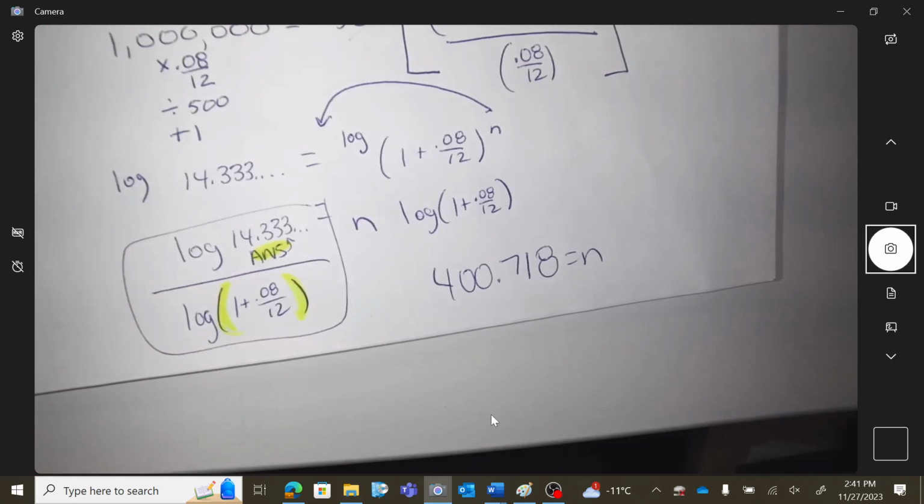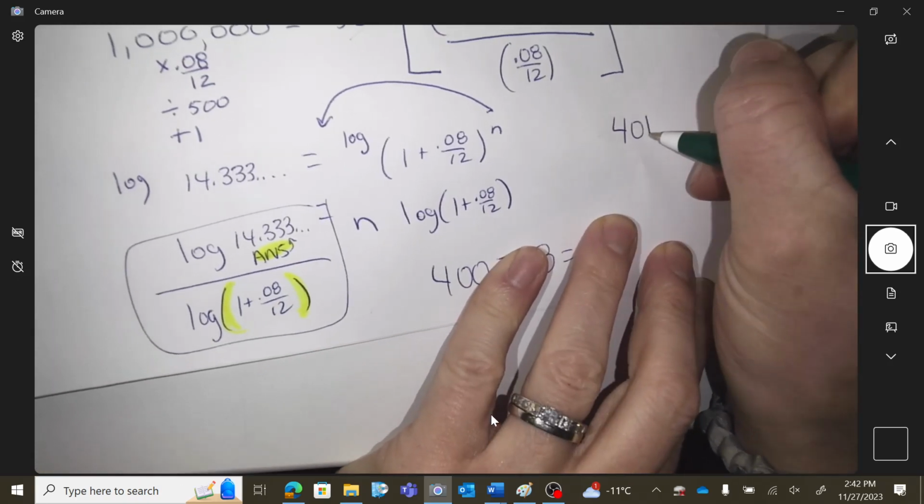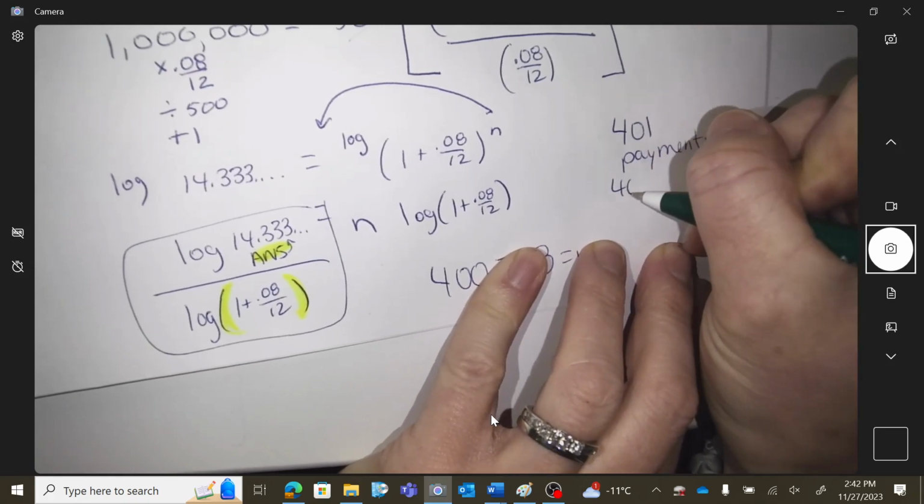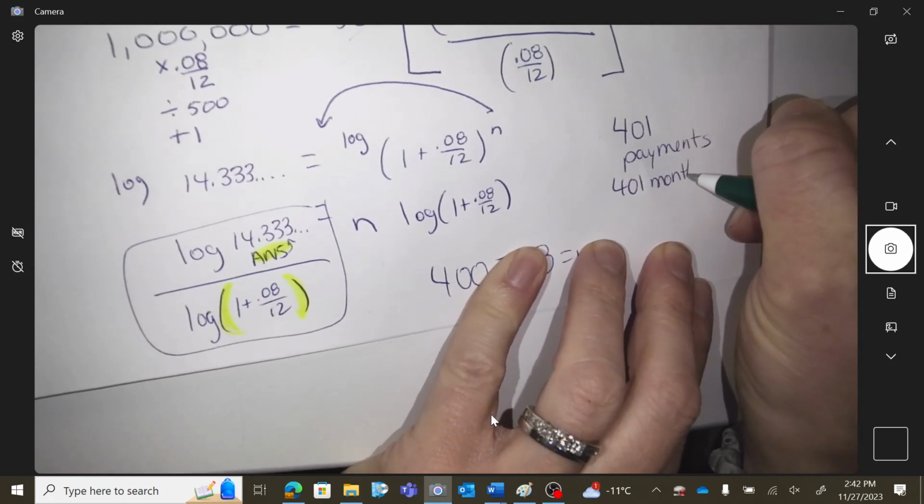Same with that R. If you don't, you'll get it wrong. Okay. So how do you answer questions like this? With money, no matter what, you always have to round up. So it will take you 401 payments, or 401 months.